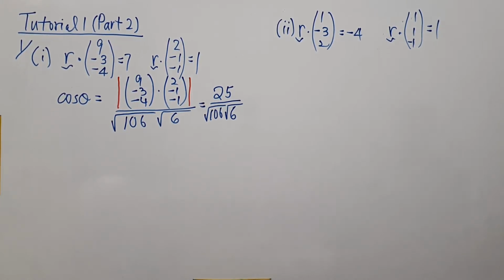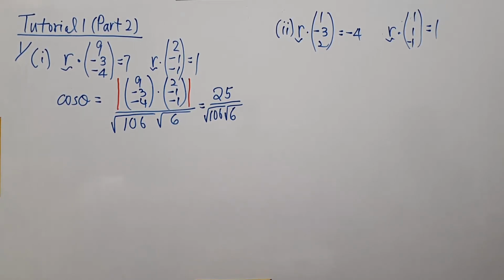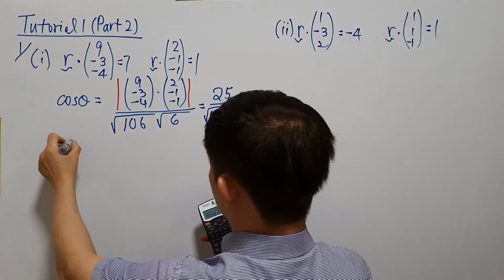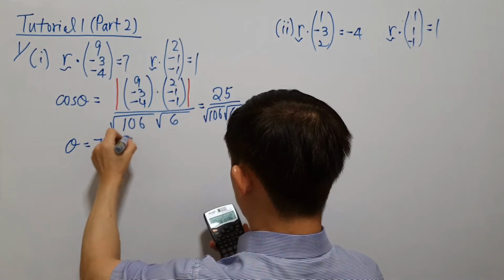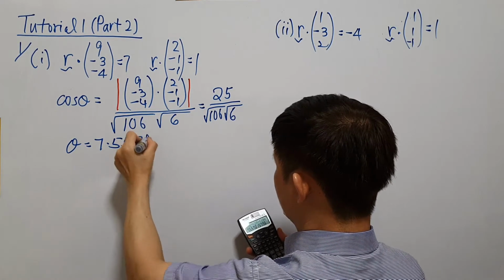Okay, taking a calculator, I'm going to calculate this in degrees. Inverse cosine of 25 over root 106 root 6. Okay, I'll get angle theta equals 7.557 degrees.